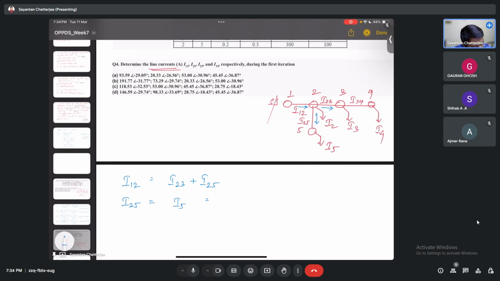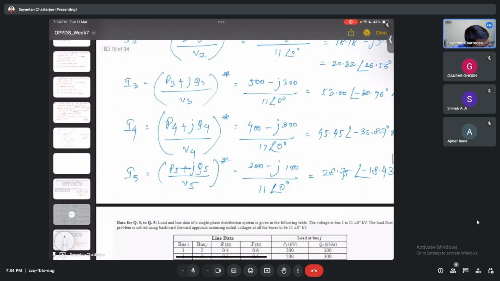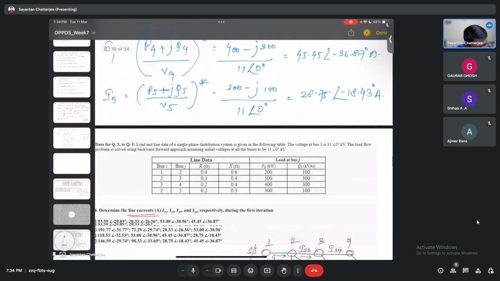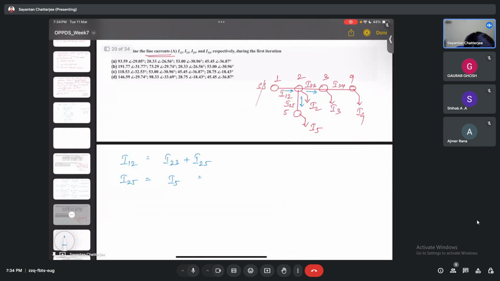So I25 is I5. That means this one is 28.75 angle minus 18.43. This is already known. Now next, coming to the value of I23. What will be I23?